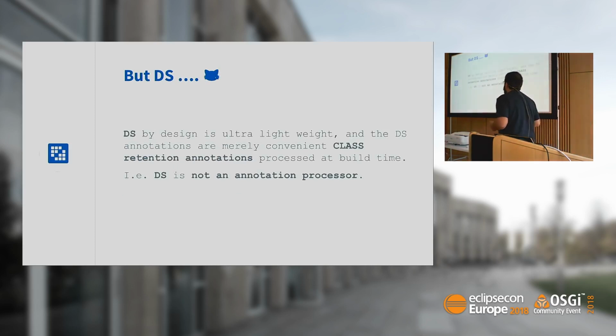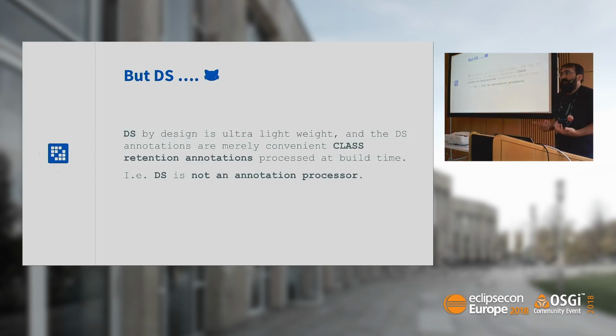But DS, right? DS by design is ultra lightweight. And the DS annotations are merely a convenience to the developer because all of the work that the DS annotations do is actually done at build time. So there's barely any processing of the component model in DS at runtime. It's super, super lightweight. And so what that means is that DS isn't an annotation processing engine.